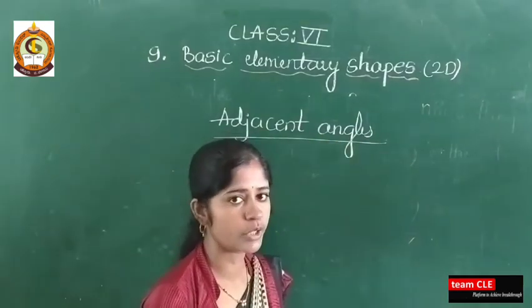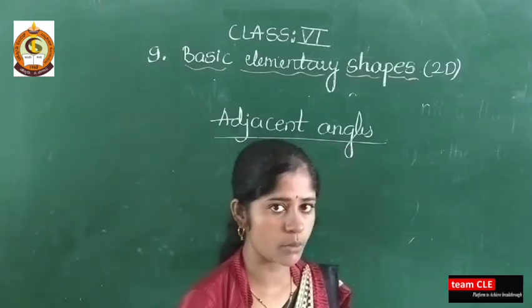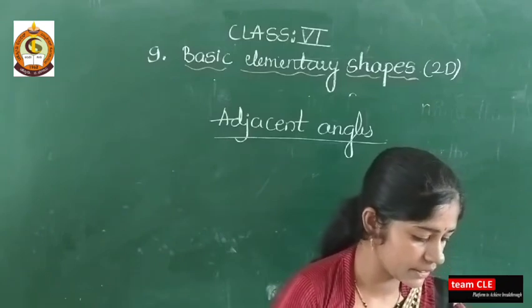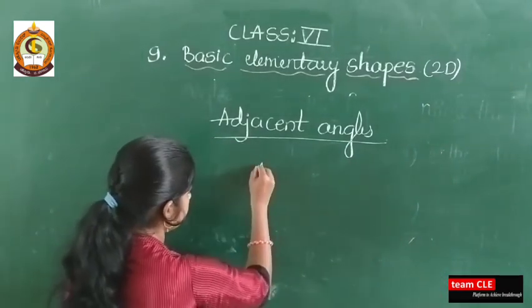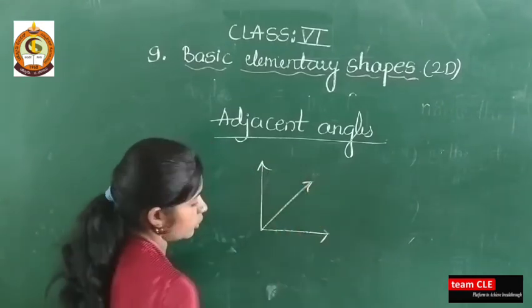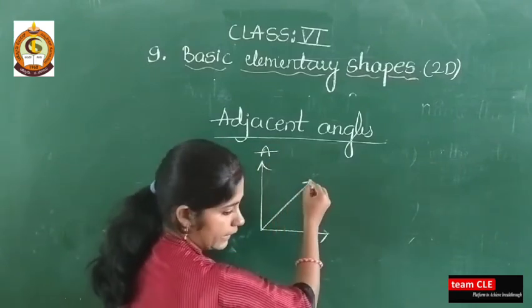Angles means when two rays meet at a point, no? For that picture we are calling it an angle. Then adjacent angles means, just see here, I will draw one figure. Whatever I am drawing now, you have to come to know what these adjacent angles are.